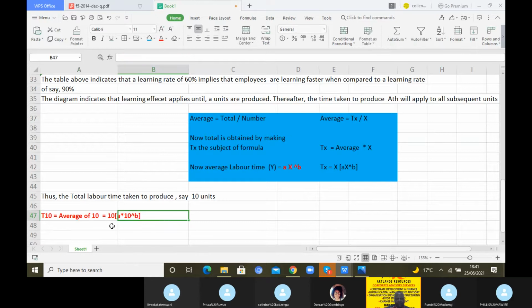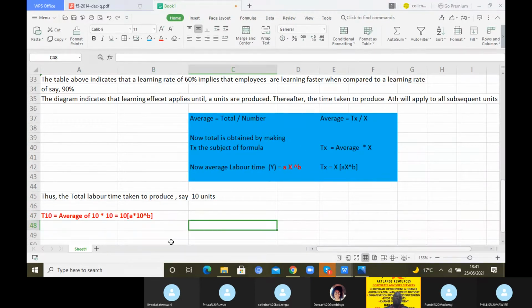Total time of 10 equals 10 times average of 10, which is 10 bracket A 10 to the power B. Remember, average is written as AX to the power B.